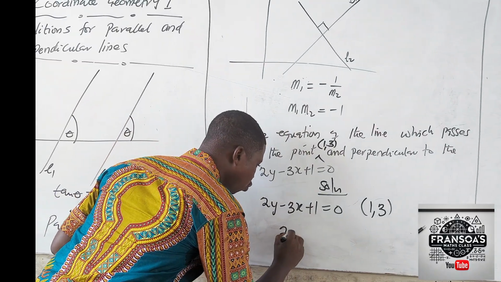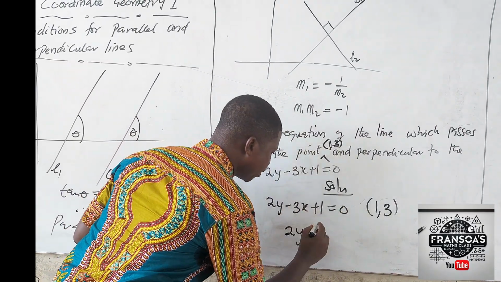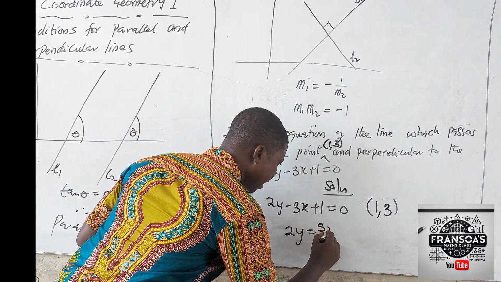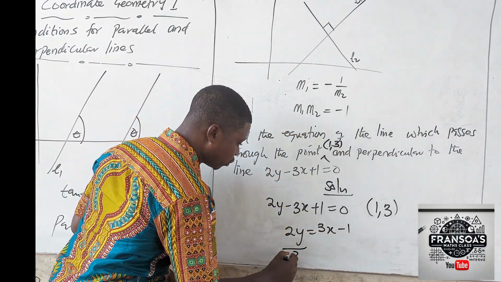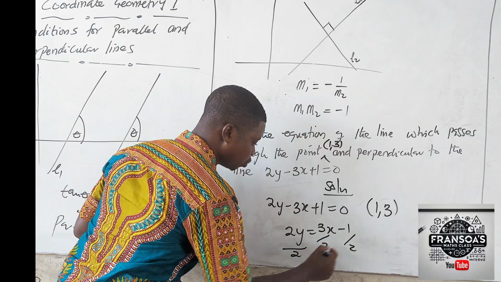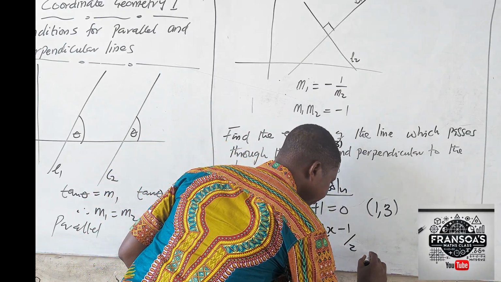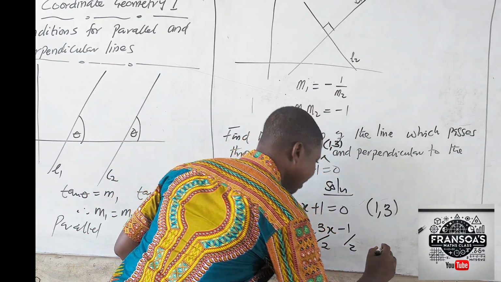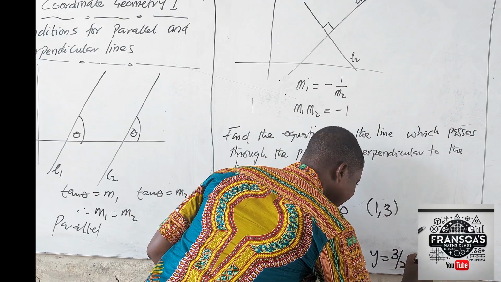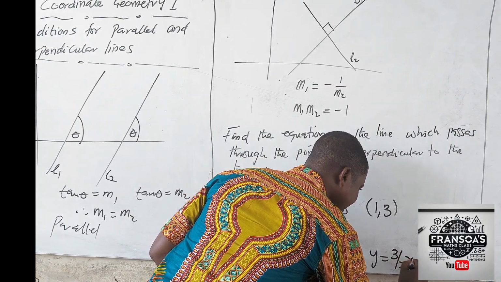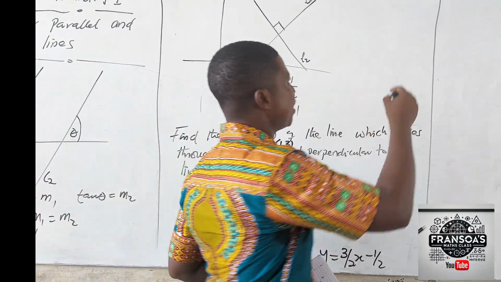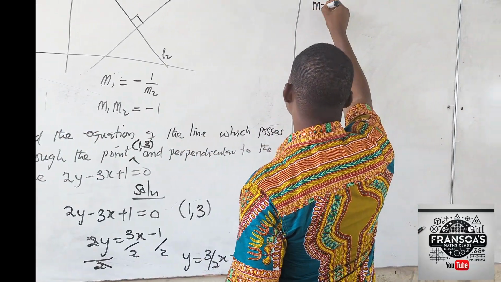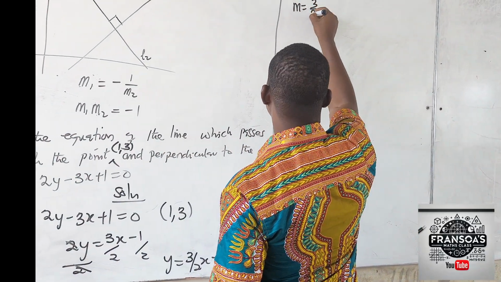So 2y is equal to 3x minus 1. We divide here by 2, here by 2, here by 2. So our y is equal to 3 on 2 x minus half. So with this, our gradient m is equal to 3 on 2.